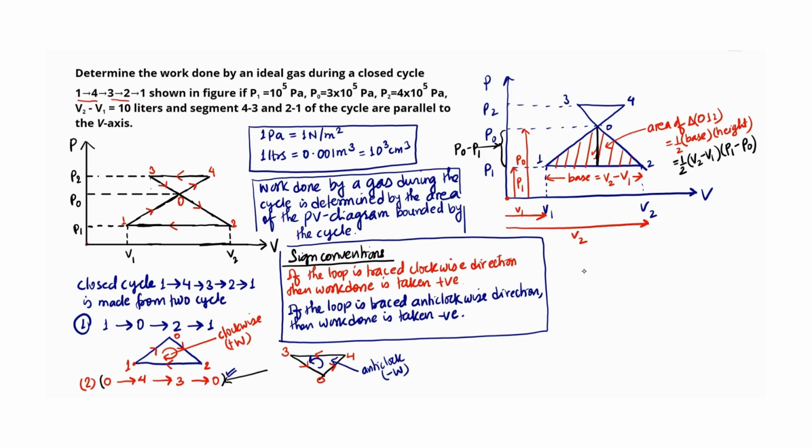for the other triangle, I'm redrawing this figure once again. For this triangle, so we have P and we have V. This is P2, and this point is 3 and this is 4.